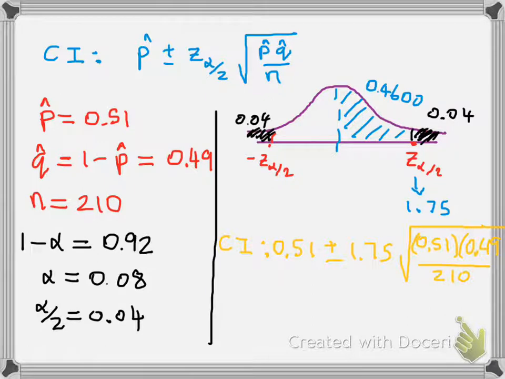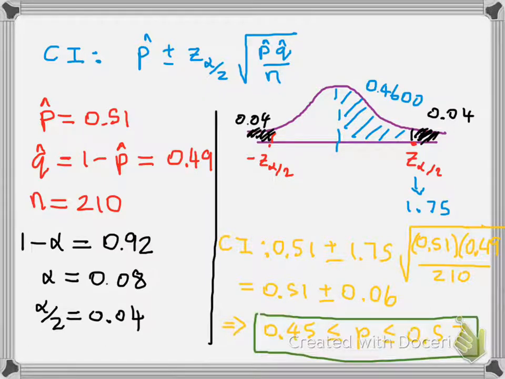Your error is 0.06. So your confidence interval is 0.51 plus or minus 0.06, which will give you a range of between 45% and 57%. So that means that the 92% confidence interval indicates that between 45% and 57% of companies have a management succession plan in place.